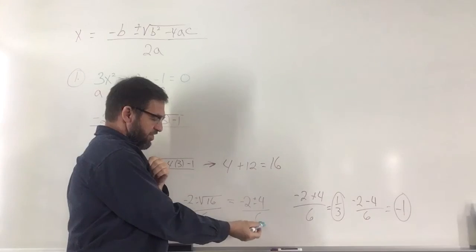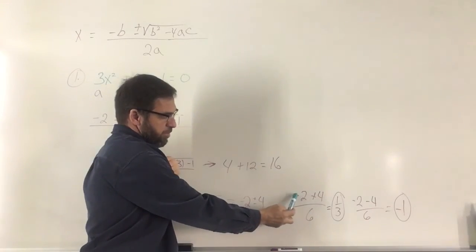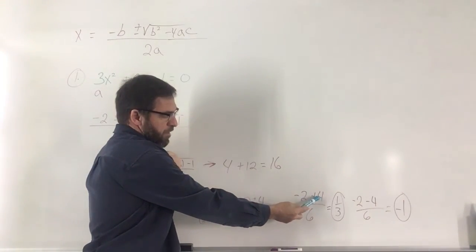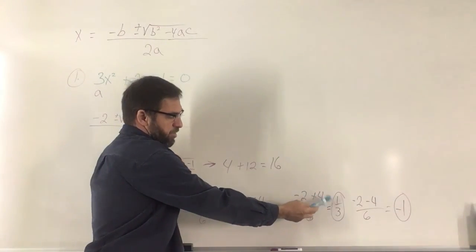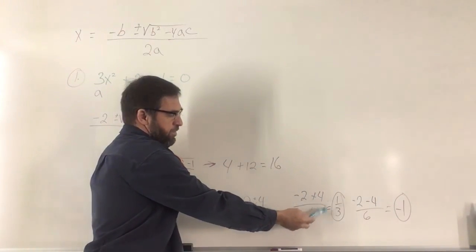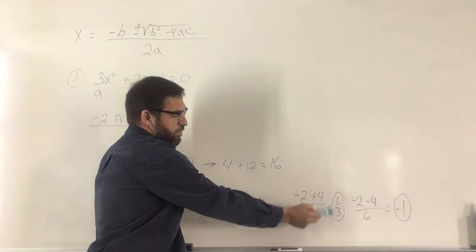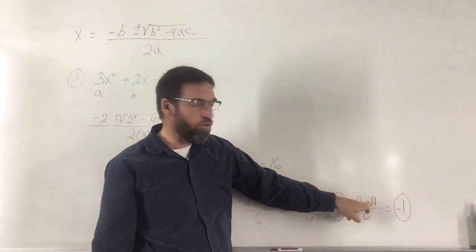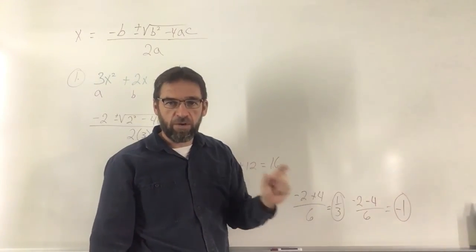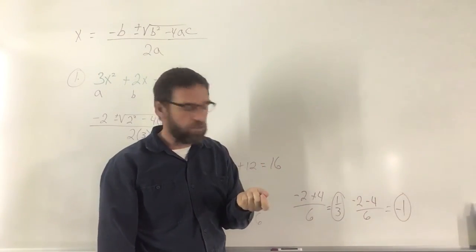So I have the 6 right here. I put negative 2 and positive 4, which would make me 2 positive. And so that's 2 over 6. Reduces down to 1/3. x equals 1/3. Now I went negative 2 and negative 4, and combined those, that made me negative 6.